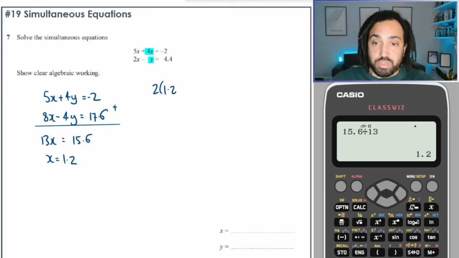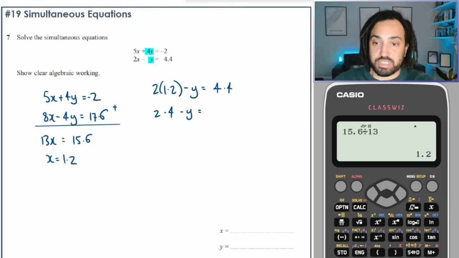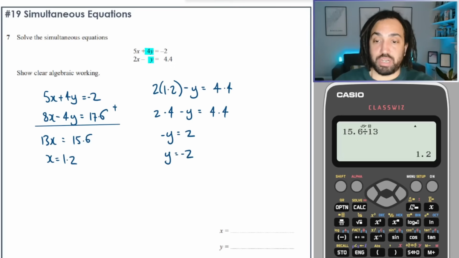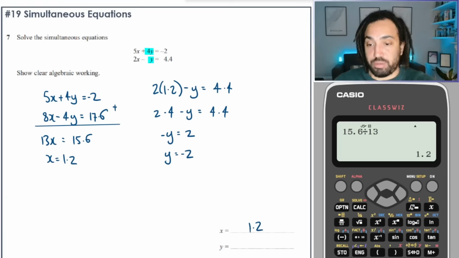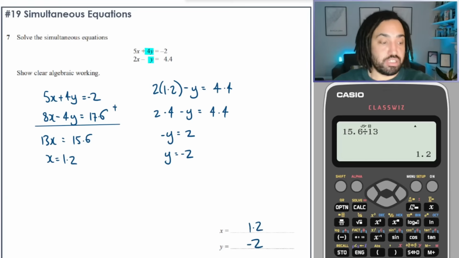So 2 times 1.2 minus y is equal to 4.4. Of course you can go with either, it doesn't make a difference. Times that out gives me this. Minus the 2.4 from 4.4 gives me 2. And then divide by minus 1 gives me minus 2. So there we have it. That is my solutions.